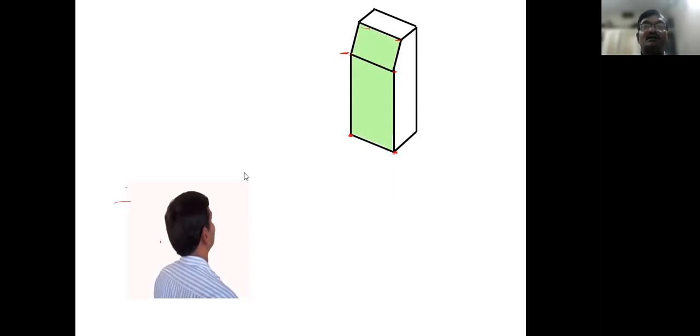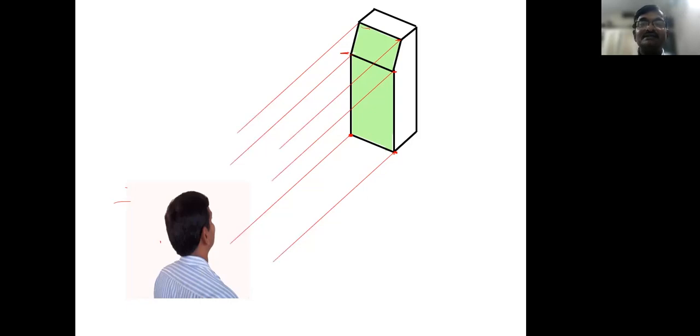There are 6 corners, and from these 6 corners the rays are forwarded. When you observe from infinite distance, the rays are parallel to each other. These rays are called visual rays, or in drawing they are called projectors.